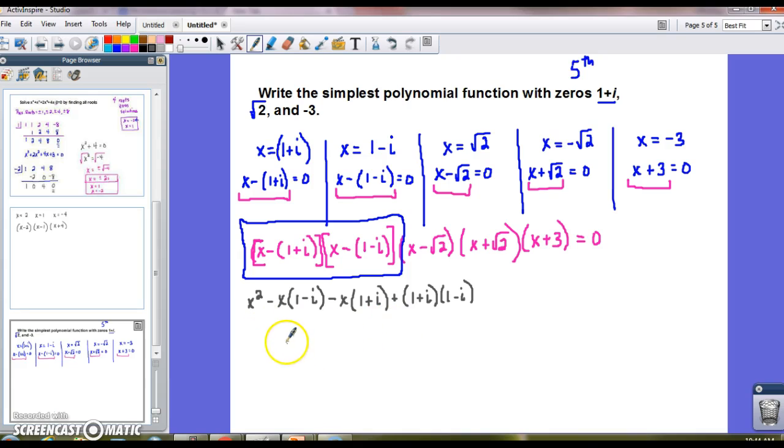So now I'm going to distribute. So I have x squared minus x plus xi minus x minus xi. And when I FOIL this out, I get 1 minus i plus i minus i squared.